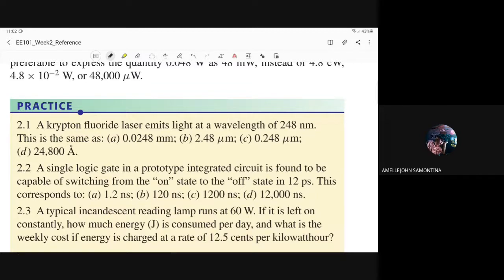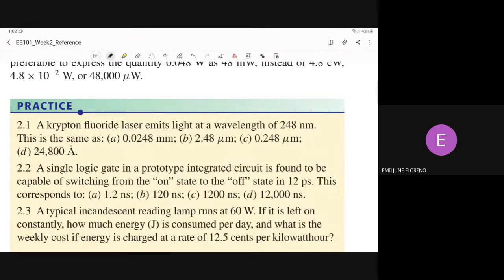For 2.1, what is the answer? Anyone? A. A, sir. A? So 248.